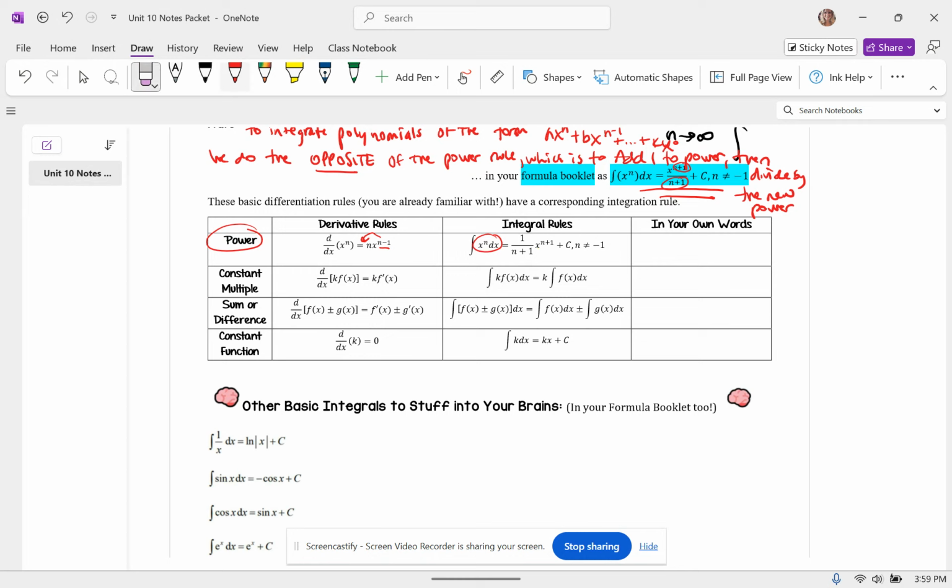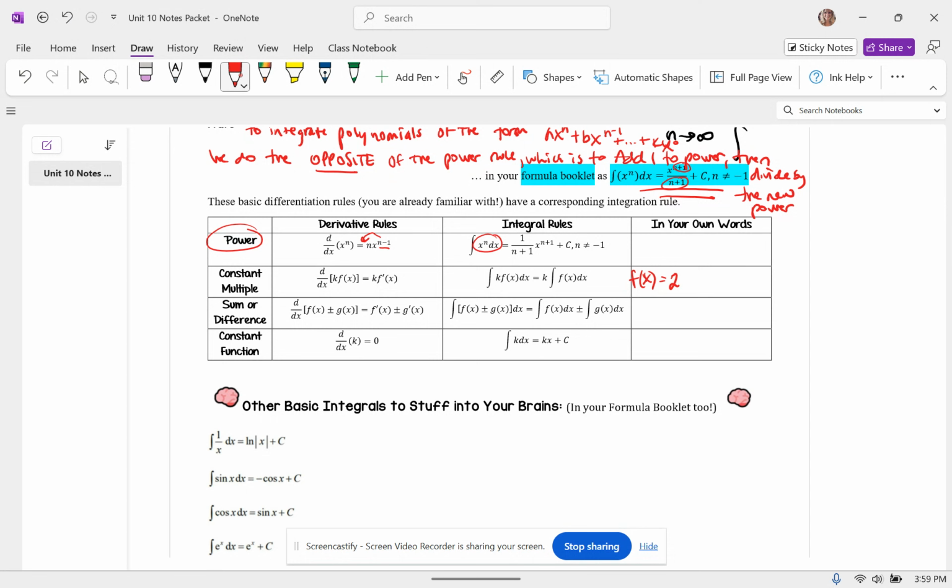The constant multiple rule. If you have k times the derivative of something, when you integrate, you can pull the constant out. I'll give you the words for this one. So let's say you start with f of x, right? And then you take its derivative.